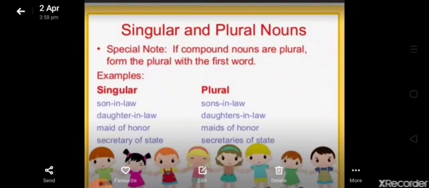Now we are going to make plurals: sons-in-law, daughters-in-law, maids of honor, secretaries of state. So we have to write son, sons, daughter, daughters, maid, maids, secretary, secretaries. These are the words we always have to remember. It is a compound word, so we only put s on the noun.